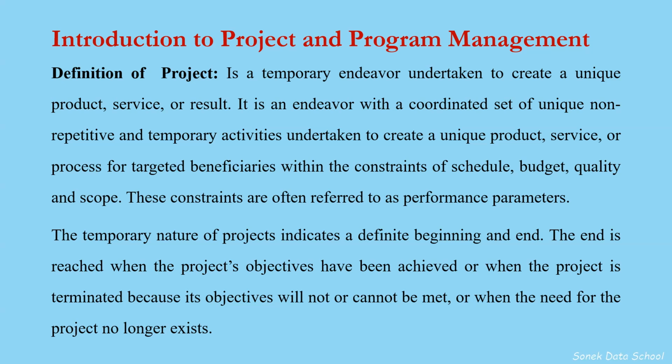We work within the constraint of cost or budget, and we talk about the scope. In most of the books you come across, you will find the triple constraints: the schedule, the budget, and the scope.